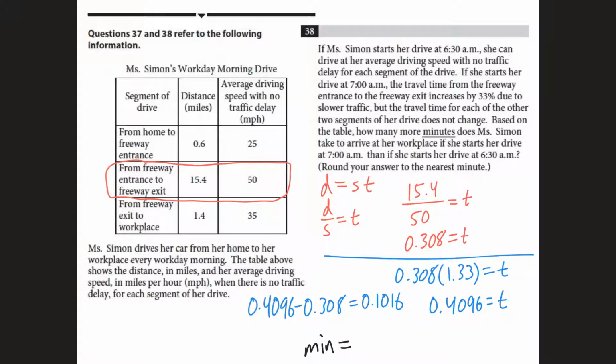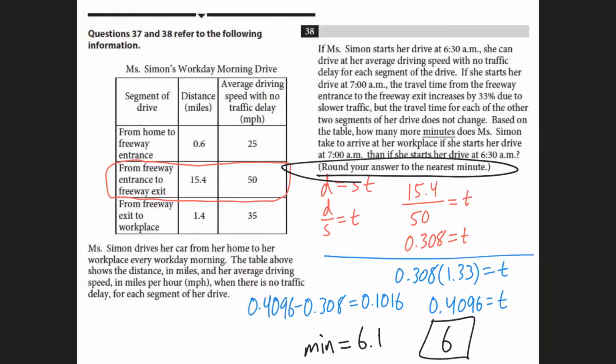In minutes, it's going to take 6.098. I'm going to round that up, 6.1 minutes. Now they wanted round to the nearest minute, so we're going to say 6 additional minutes.